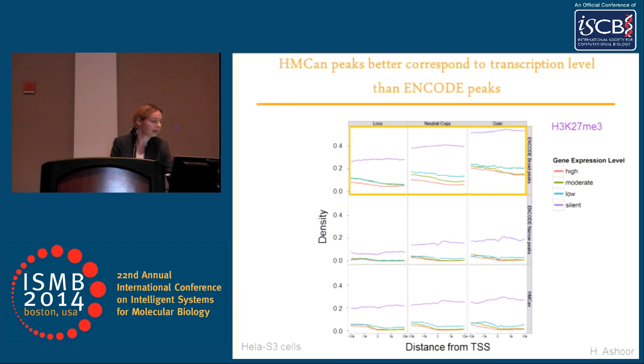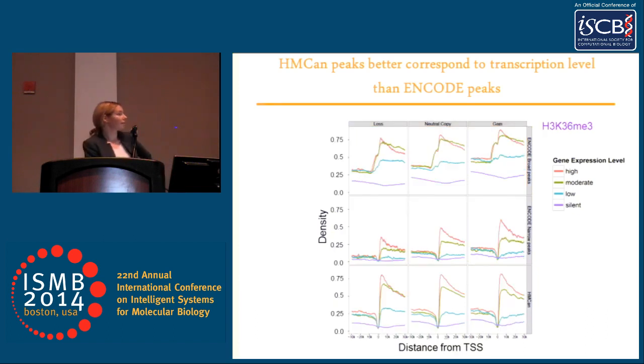It shouldn't be true. This is for another mark, this active mark, H3K36 trimethylation. And again, you see it's very stable for HMCAN, so no copy number bias. For narrow peaks predicted by MACS, you see clearly that there is some copy number bias, so more peaks predicted in the region of gain compared to the region of loss.